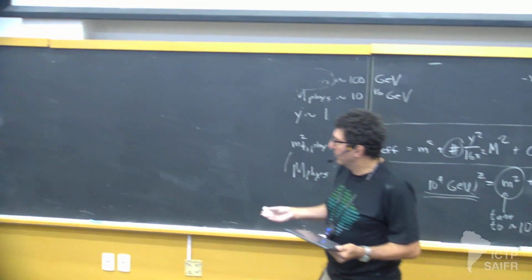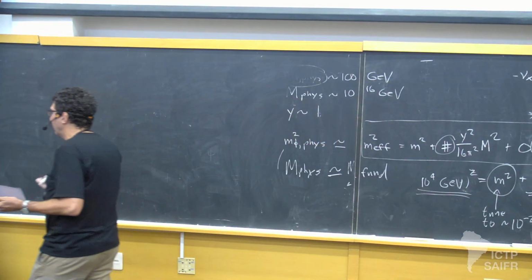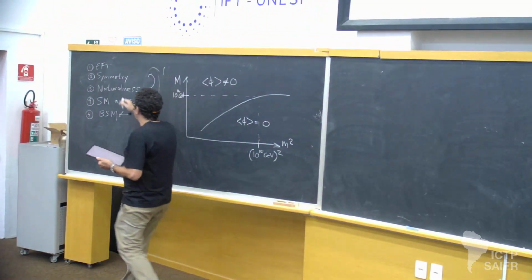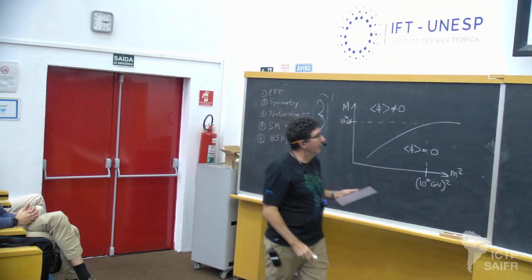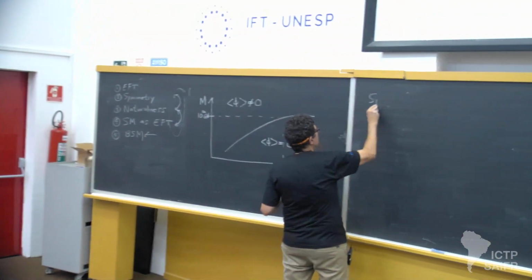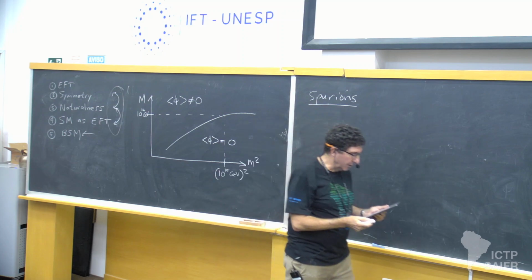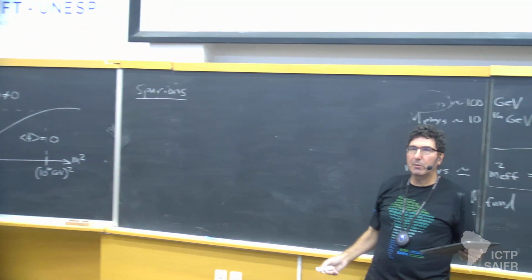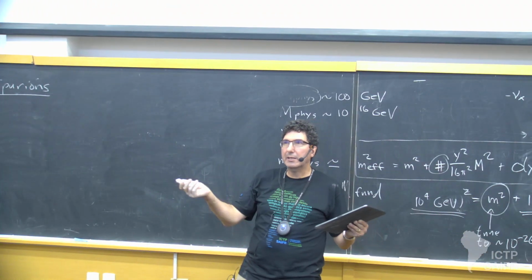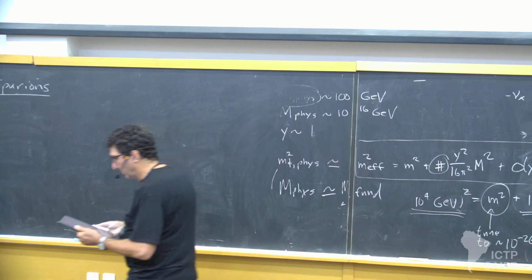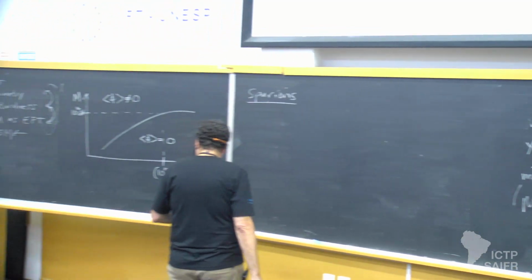And I have to tell you, to explain what I mean by understand, I have to tell you a little bit more about symmetry. And the thing I'm going to talk about is something called spurions. Okay? Just raise your hand if you've heard of spurions before. I'm just curious. Oh, good. Okay, but not everyone, some people. Good, but I'm going to talk about it anyway.